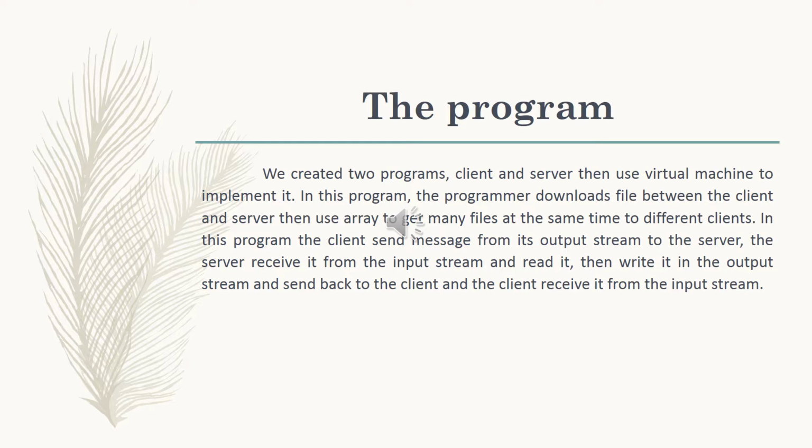In this program, the client sends a message from its output stream to the server. The server receives it from the input stream and reads it, then writes it to the output stream and sends it back to the client, and the client receives it from the input stream.